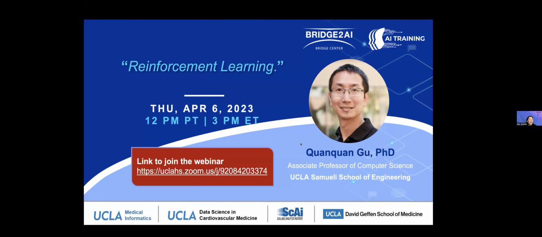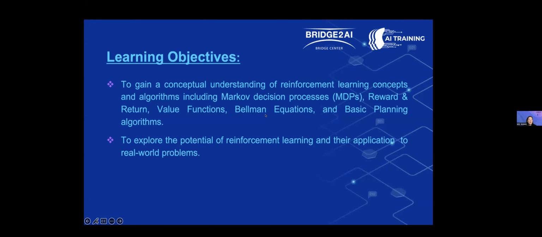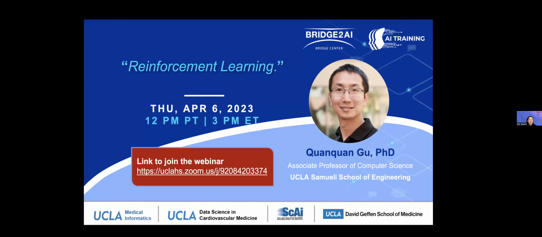Thank you, Pei. Today, we are delighted to have Professor Quanquan Gu to give a lecture on reinforcement learning. Professor Gu is an associate professor in computer science at UCLA, and he received his PhD degree from computer science at UIUC. Before he joined UCLA, he finished his postdoc training at Princeton and was also assistant professor at University of Virginia.